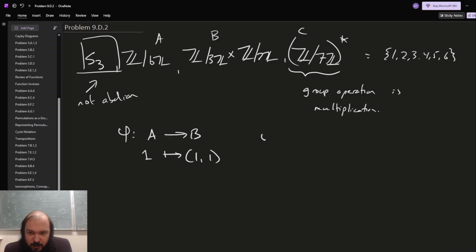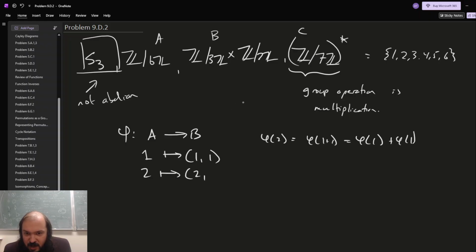In other words, phi of 2 is phi of 1 plus 1, which is phi of 1 plus phi of 1. And then in that way, we just keep going to define all of them. So 2 goes to 2, 2.